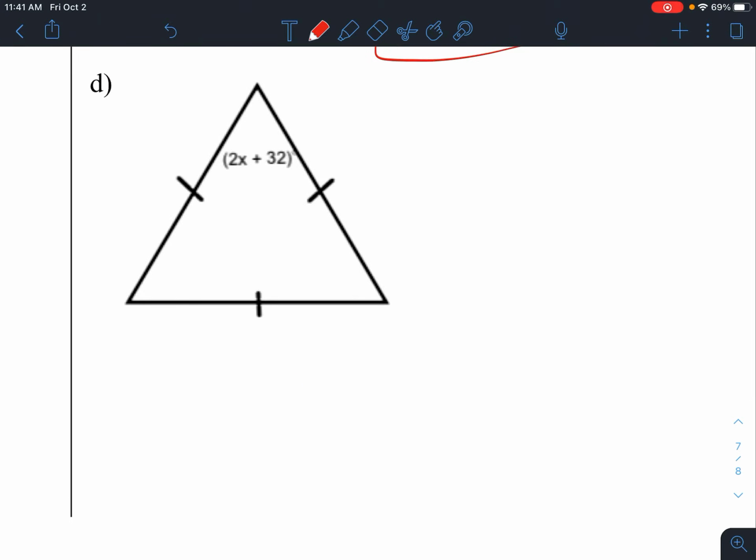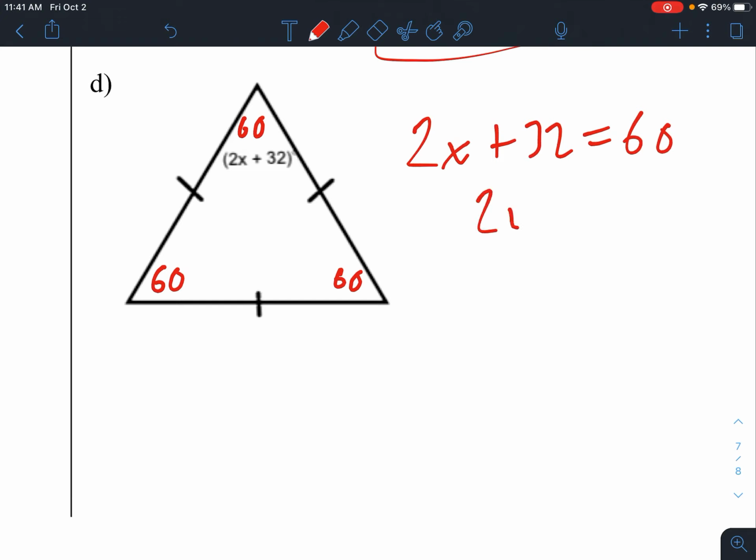And then for D, all 3 sides are equal, so that means all 3 angles are equal, and we talked about in part A that all 3 angles must equal 60. So I can set this equal to 60. Subtract 32 and divide by 2.